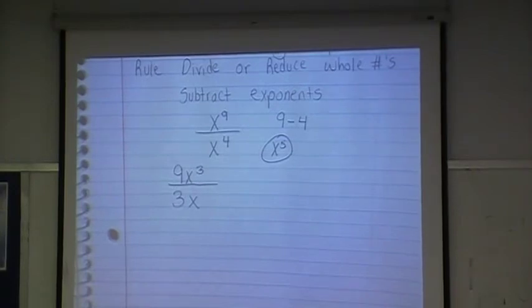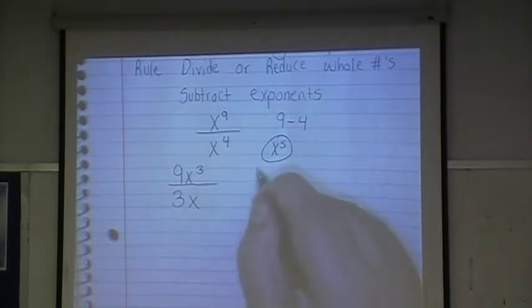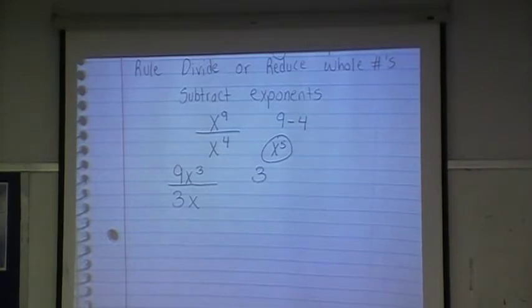So here's our next problem. 9x cubed over 3x. Now, I have whole numbers. Can I reduce 9 over 3? Will it reduce? Yes. What does it reduce to? Just 3. Okay?